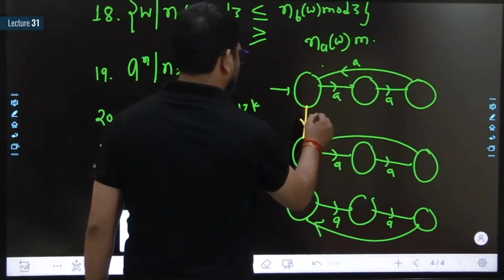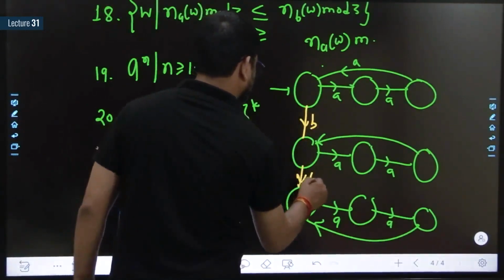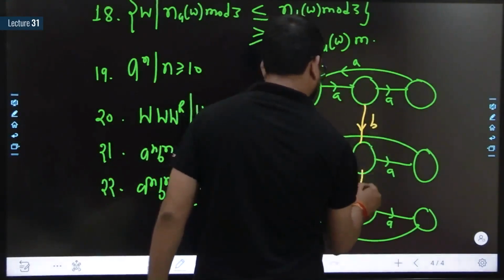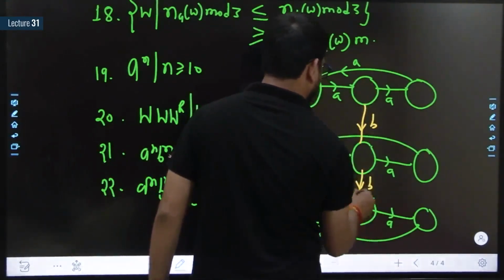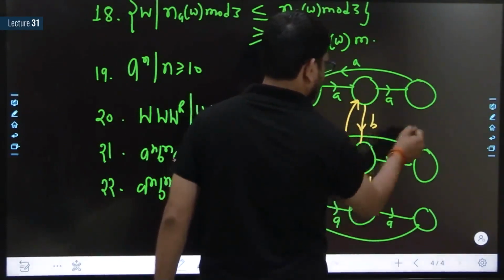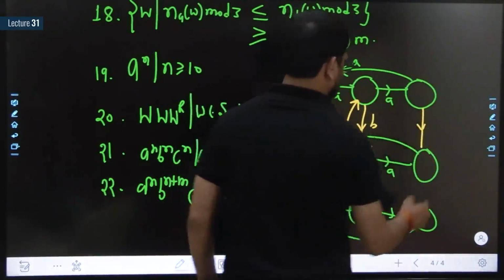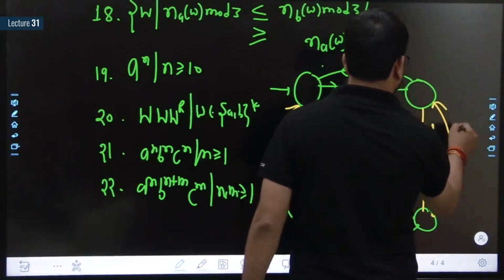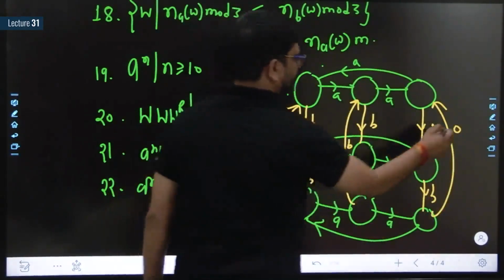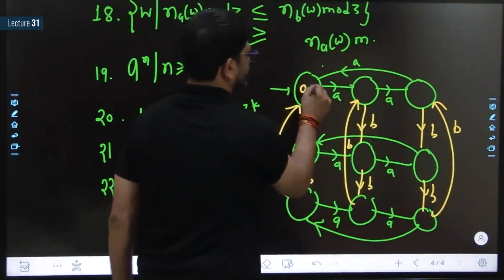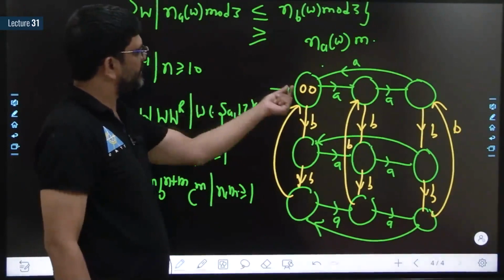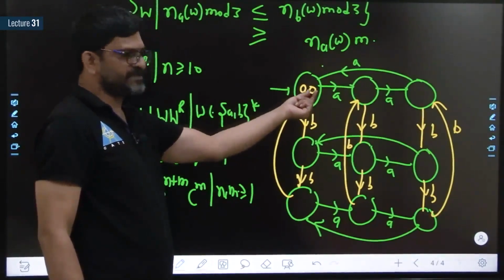The number of b's divisible by 3. We can make the DFA. This is remainder 0,0: when we divide the number of a's by 3, the remainder is 0, and for the number of b's, the remainder is 0.